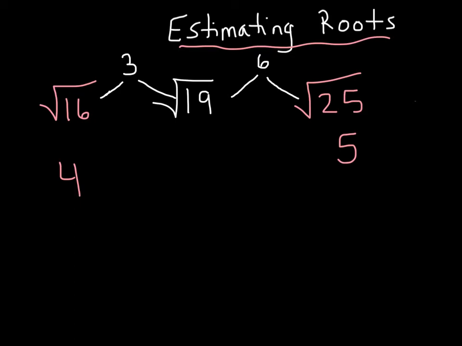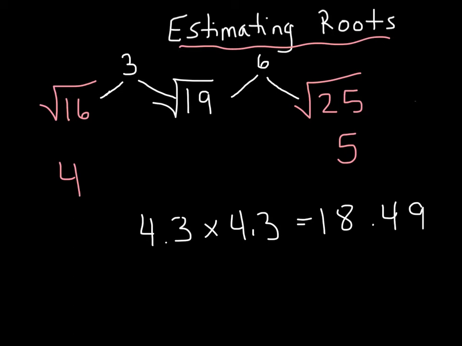Well, once we've identified that it's closer to 16 than to 25, one method is to actually start guessing and checking. So it's going to be 4 point something. Let's try 4.3. Let's square 4.3 and see what it comes out to. So 4.3 times 4.3 is 18.49.